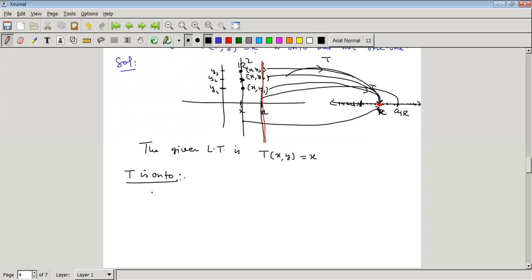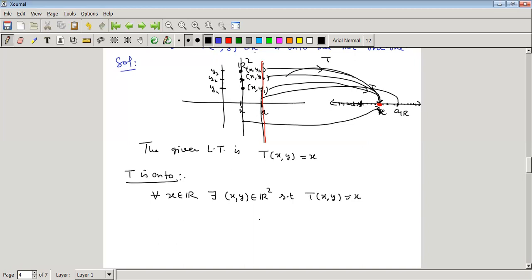How can we write it? Given any x in R, there exists (x, y) belonging to R2 such that T of (x, y) is equal to x.